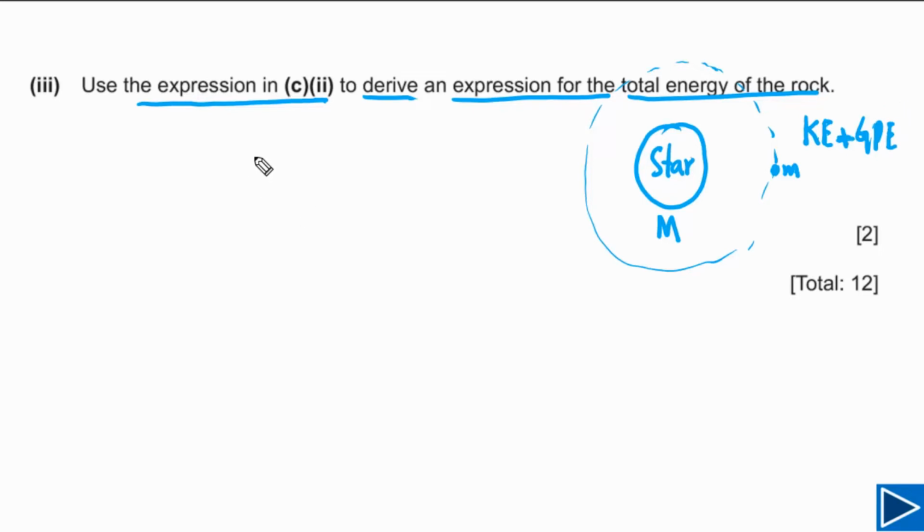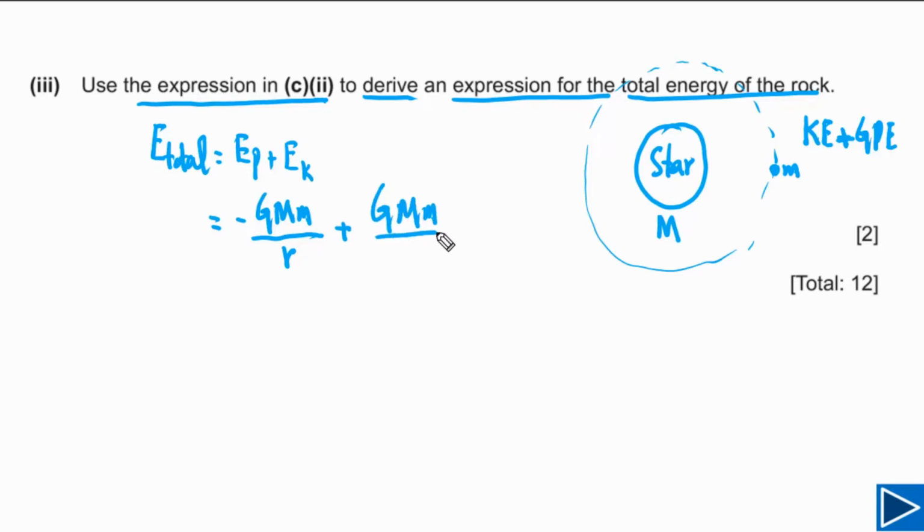So it has 2 kinds of energies, kinetic and GPE, gravitational potential energy. Now the total energy, simply we can say that E total means the total energy of this rock is simply equal to gravitational potential energy plus the kinetic energy of the rock. Now simply we have to add these two together. Gravitational potential energy of the rock is negative capital G capital M small m divided by R, and R is the distance from the center of the star to the center of this mass. And kinetic energy we have already calculated, that was G capital M small m divided by 2R.